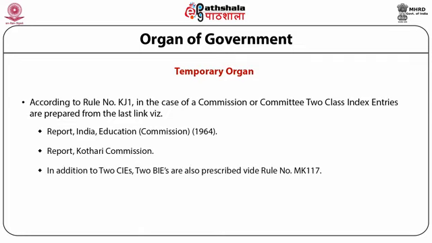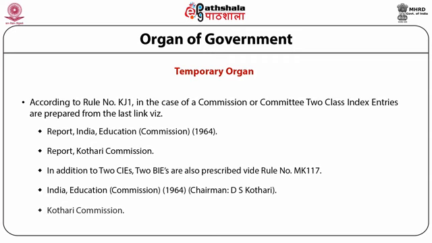In addition to two class index entries, two book index entries are also to be prescribed via rule number MK117. The heading of the first book index entry will be India, Education Commission (1964), (Chairman: D.S. Kothari), and the second book index entry heading would be Kothari Commission.